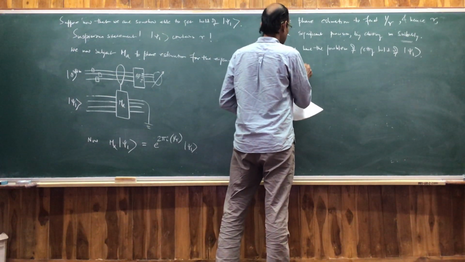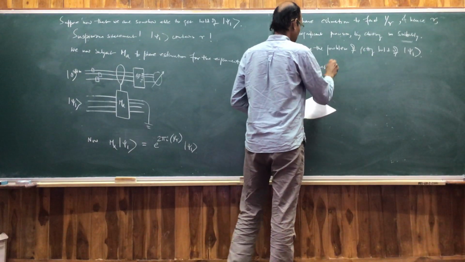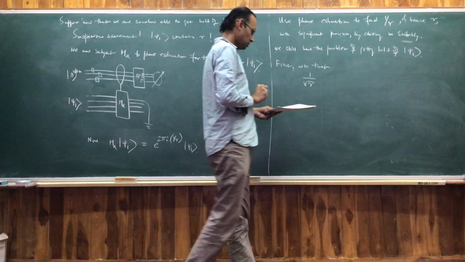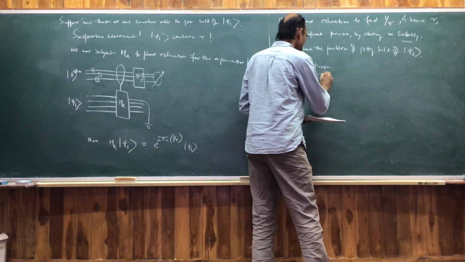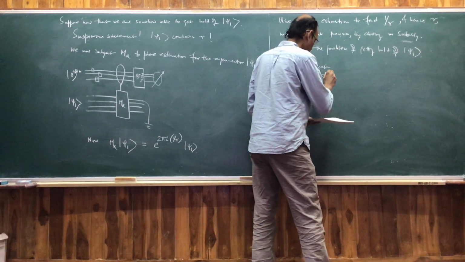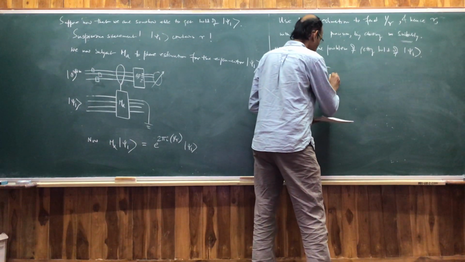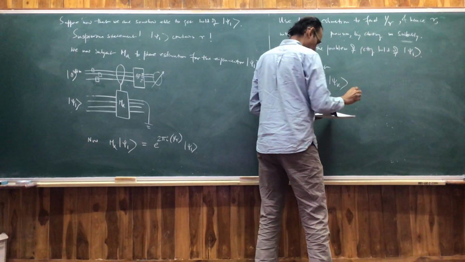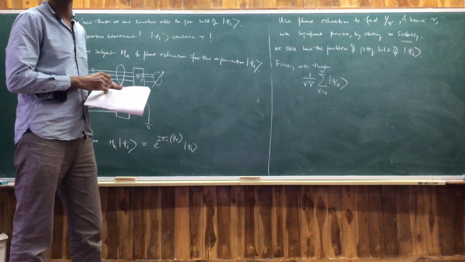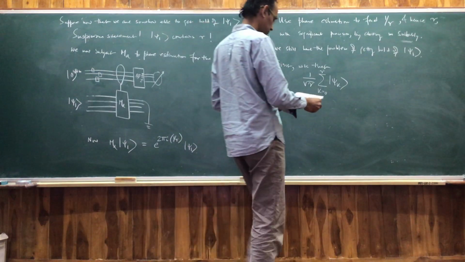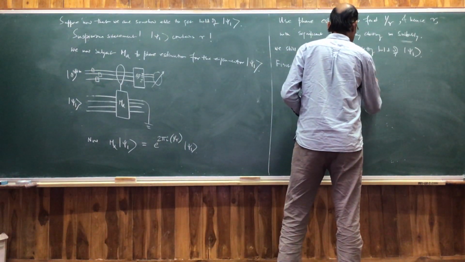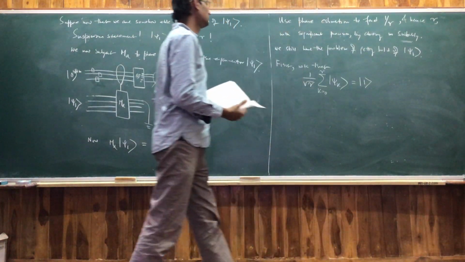First of all, note that if you take this summation, remember the psi k, these were eigenvectors of MA. Will give you 1.